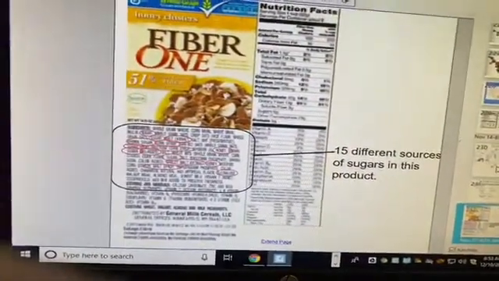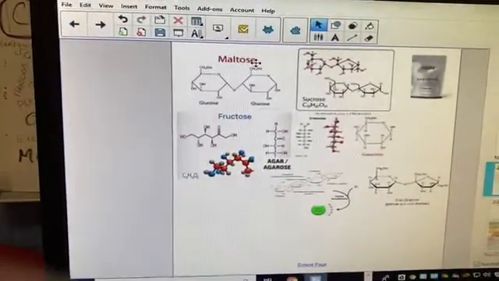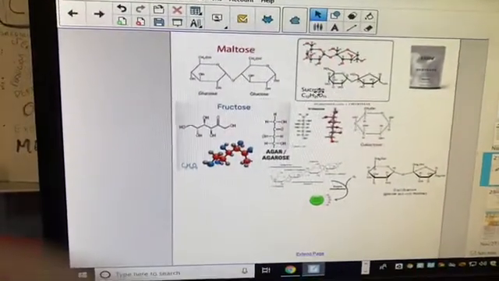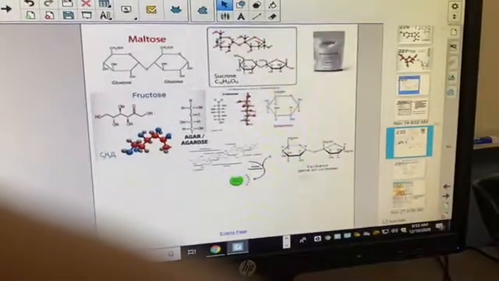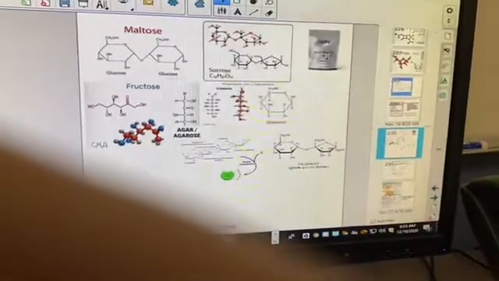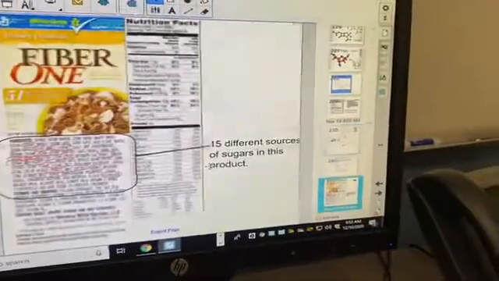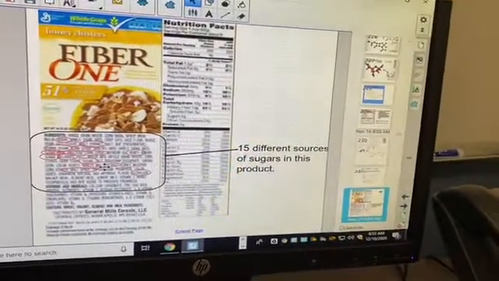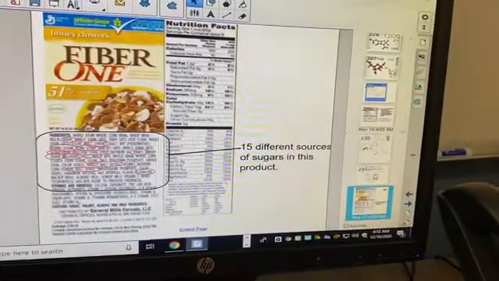If you look at the ingredients, you can see there's maltose, a sugar, fructose, a sugar, sucrose, that's table sugar, galactose, a sugar, agarose, a sugar, saccharose, a sugar, dextrose, a sugar. There's 1, 2, 3, 4, 5, 6, 7 different types of sugars on this label. Actually, there's an 8th type of sugar on this label.